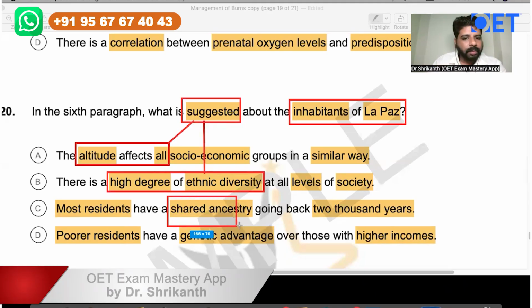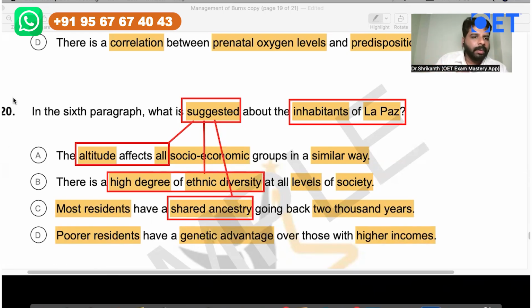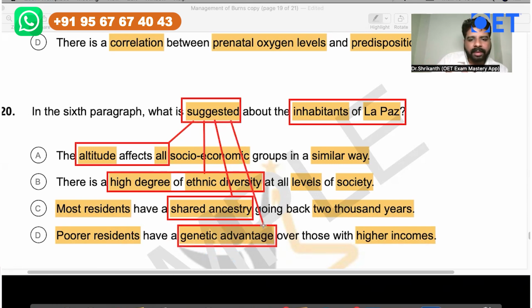The focal point, the action over here, is sharing. The verb over here is shared ancestry. And finally, poor residents have a genetic advantage over the rich people.